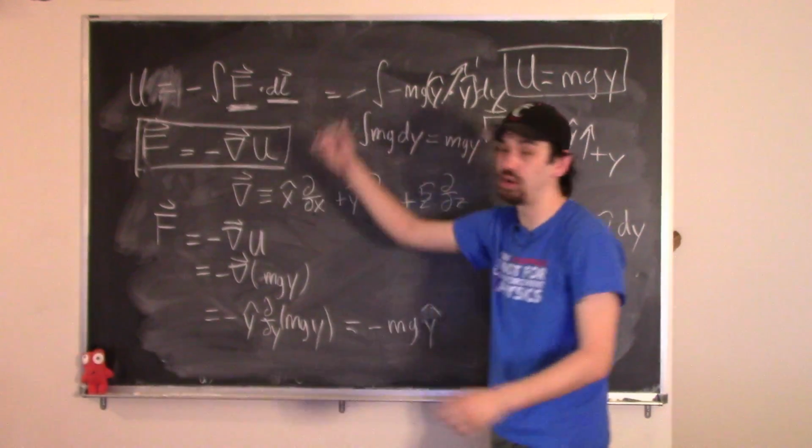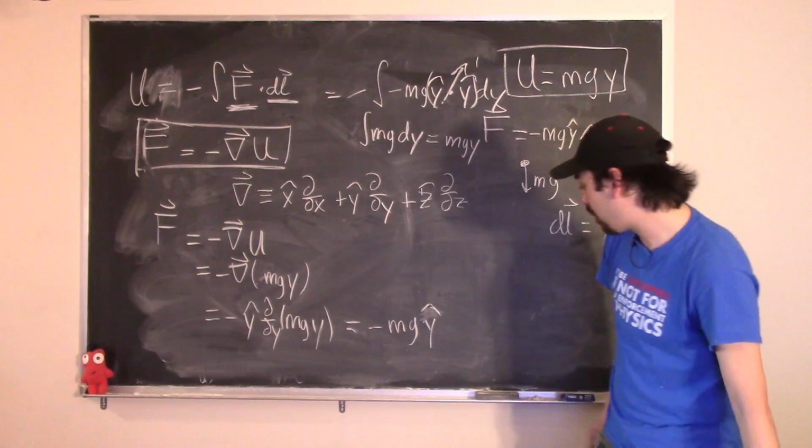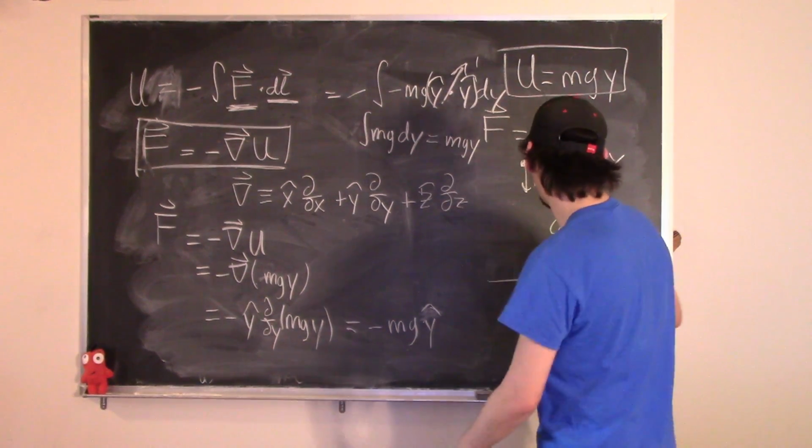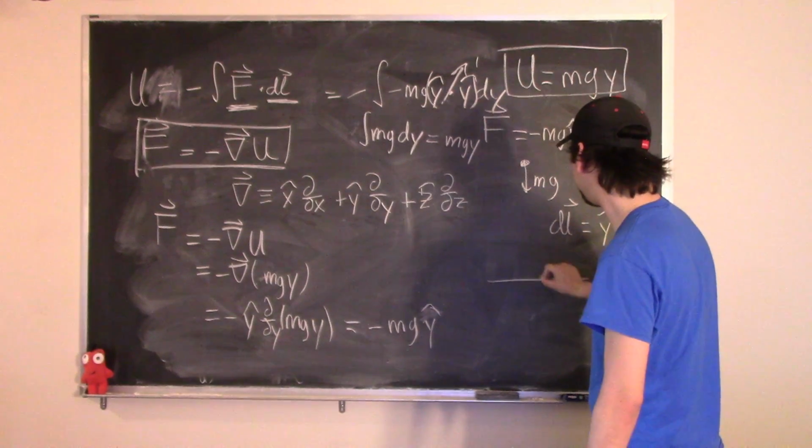I still preserve all of the same information, but it's a lot more manageable for me to solve this problem if what I'm trying to do is find the velocity at the bottom.